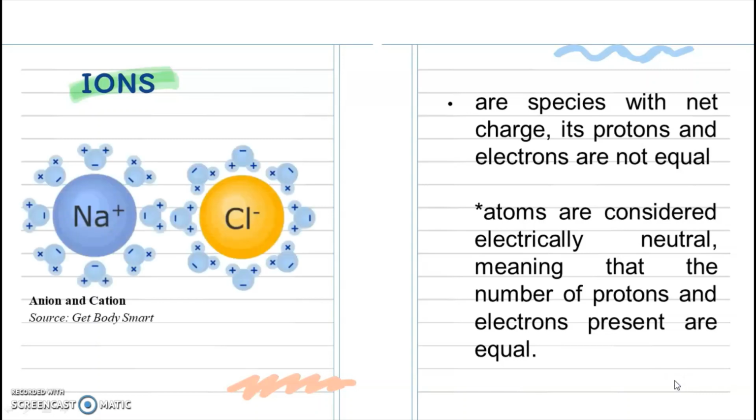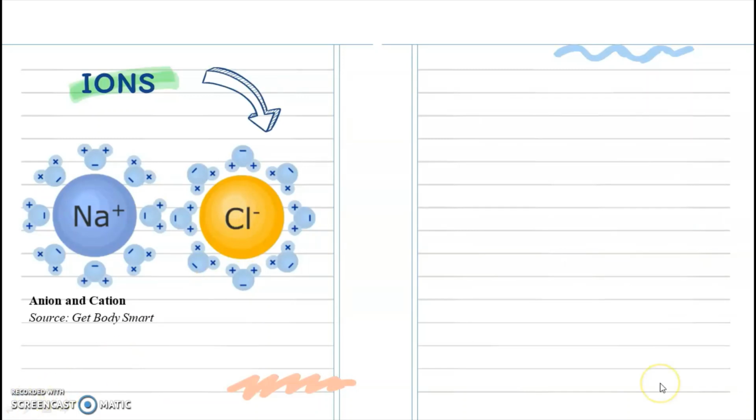So, let us look at an example of ions. So, meron tayong sodium plus, meron siyang positive charge. Ibig sabihin, mas marami yung kanyang protons. And meron tayong chlorine or Cl-, which is negatively charged. Ibig sabihin, mas marami yung electrons niya compared with protons. Ions can be classified into two categories.